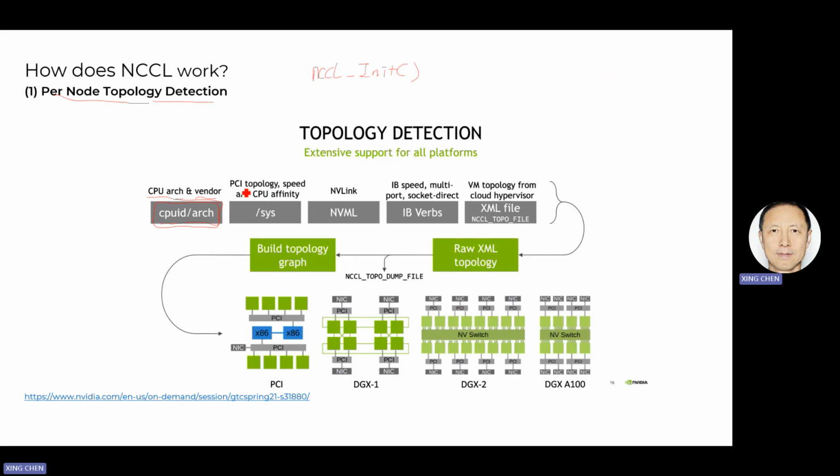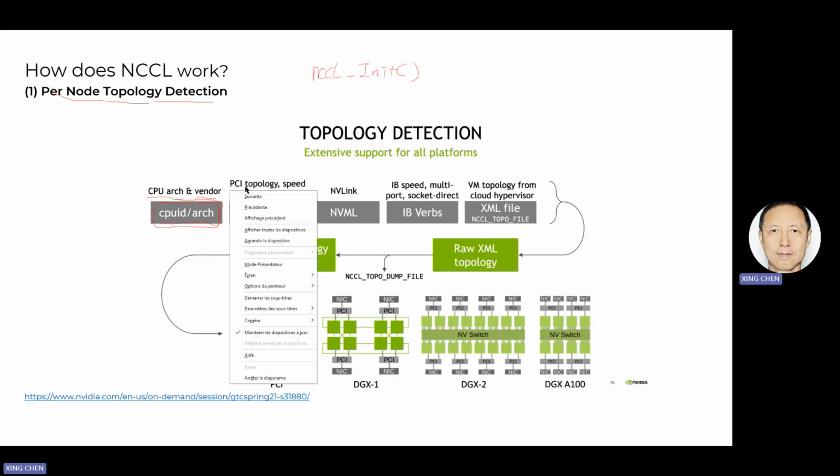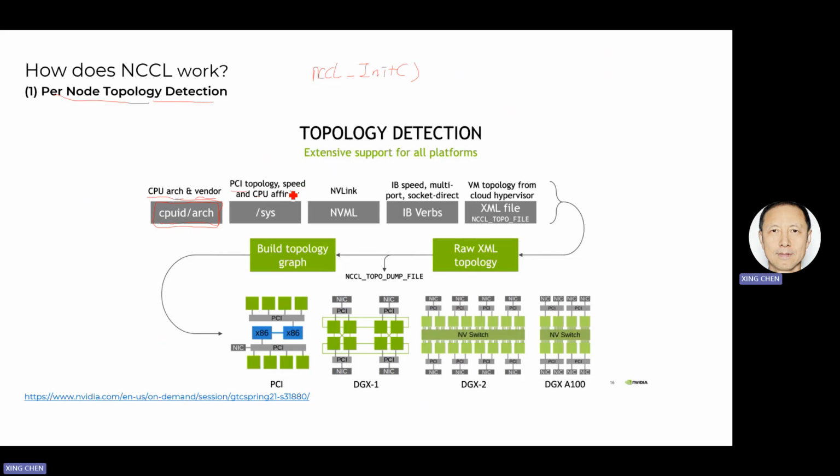Part of its job is to find out the per node PCI topology, speed and CPU affinity. That's something the NCCL library needs to find out at the very beginning for each node. And then whether you have NVLink or not, what's the setup of the NVLink?